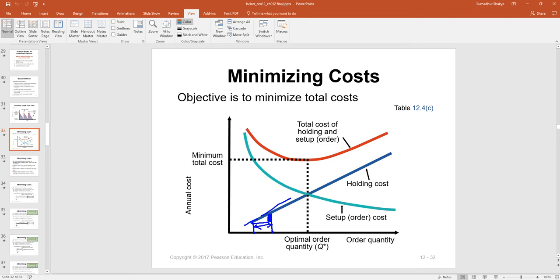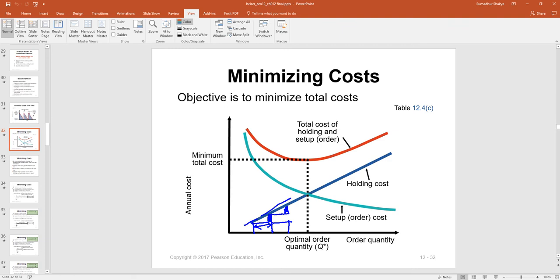Similarly, if you were to do the same amount of quantity increase, then you will have the same amount of increase. So for the same amount of increase in quantity, you have a proportionally same amount of increase in the cost.